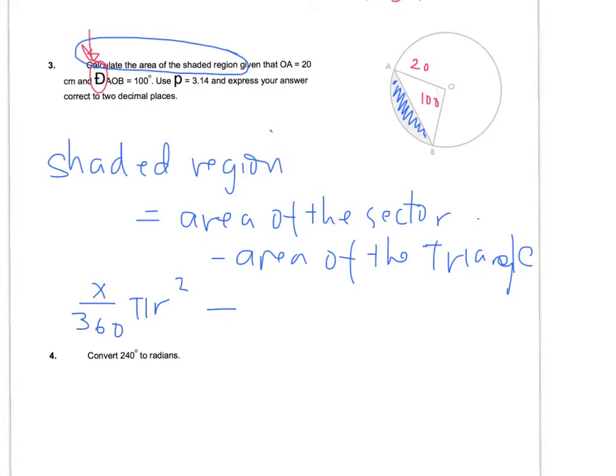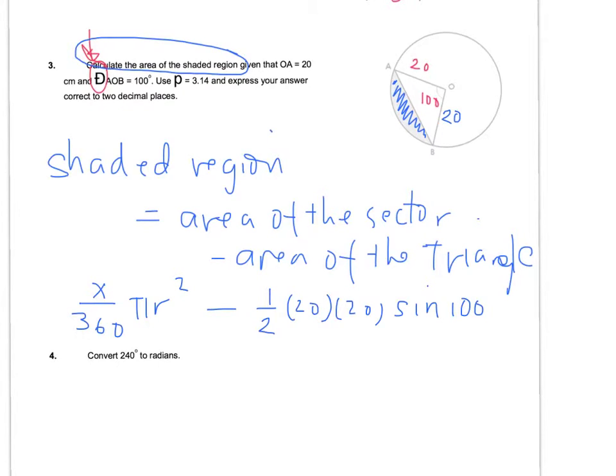Also take note that OB is also 20 because that is also the radius. So using the special formula, it's 1/2 the two sides, so 20 times 20, and then sine of the given angle, which is 100.